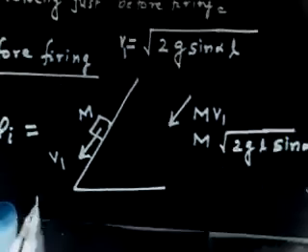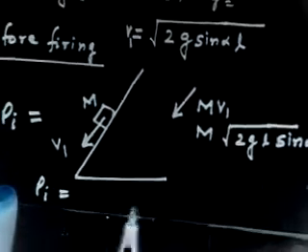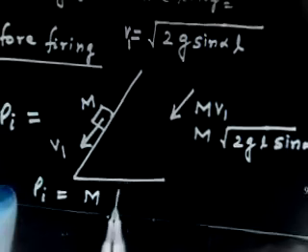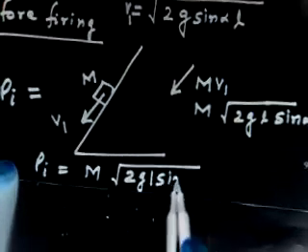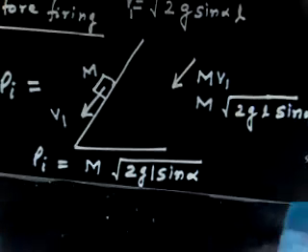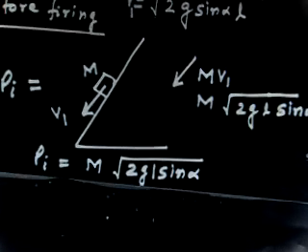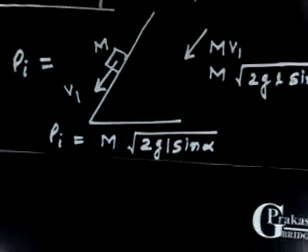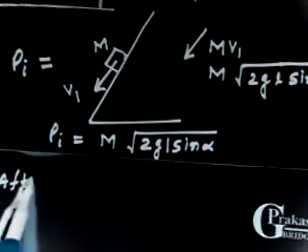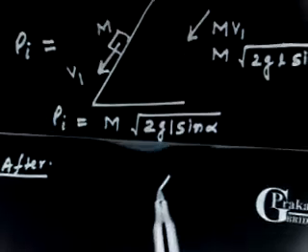Are you getting? So Pi, I can write, is M into under root 2gL sin alpha, along the direction of the incline. Now let us see what you will have after the firing. So after firing, my situation is something like this.